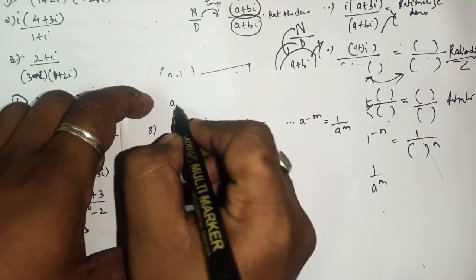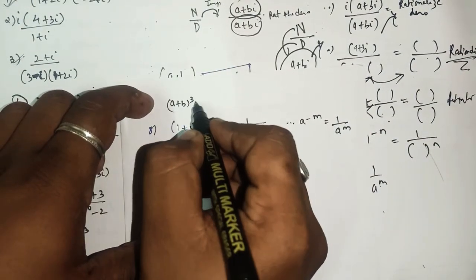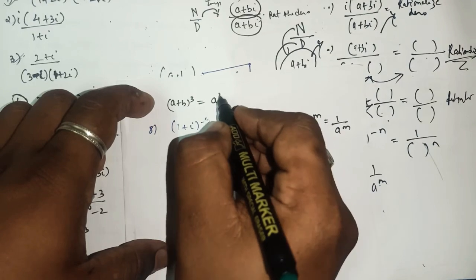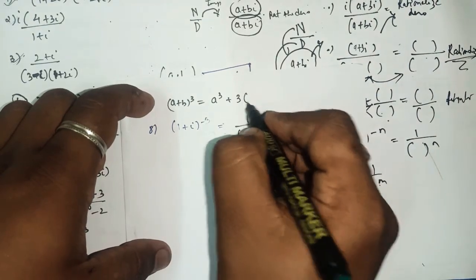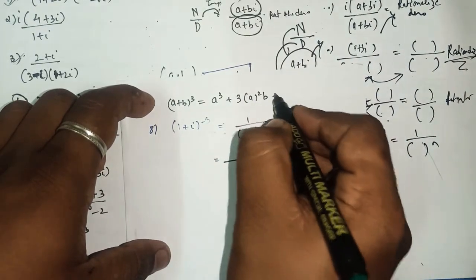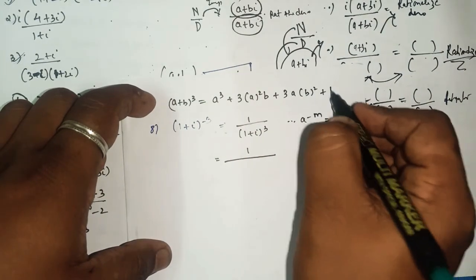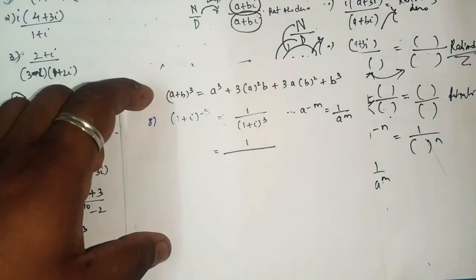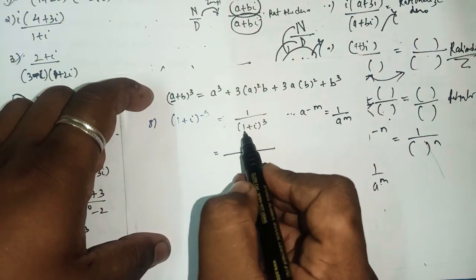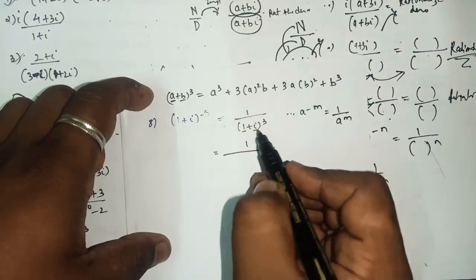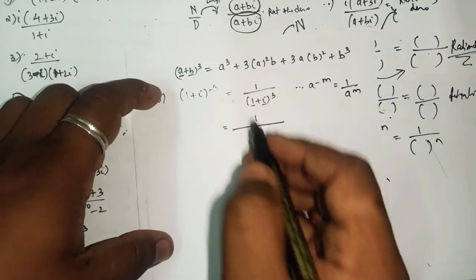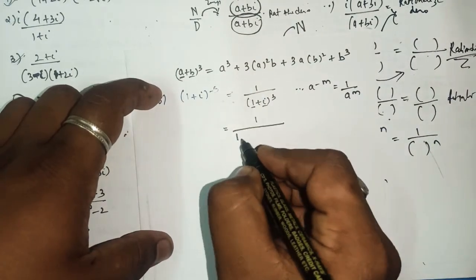Now after this, as clearly we can see that the denominator section looks like which formula? a plus b the whole cube. What is a plus b the whole cube? a cube plus 3 a square b plus 3 a b square plus b cube. So in place of a is what? 1. In place of b it is what? i. Substitute the value, you will get the answer. So 1 cube is what? 1.